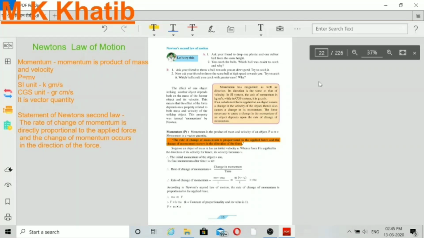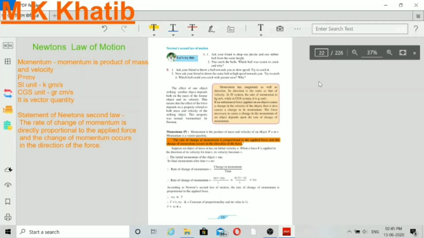Now Newton states his statement of the second law. The statement is: the rate of change of momentum is proportional to the applied force, and the change of momentum occurs in the direction of the force. To understand this, suppose an object has mass m and its initial velocity is u.